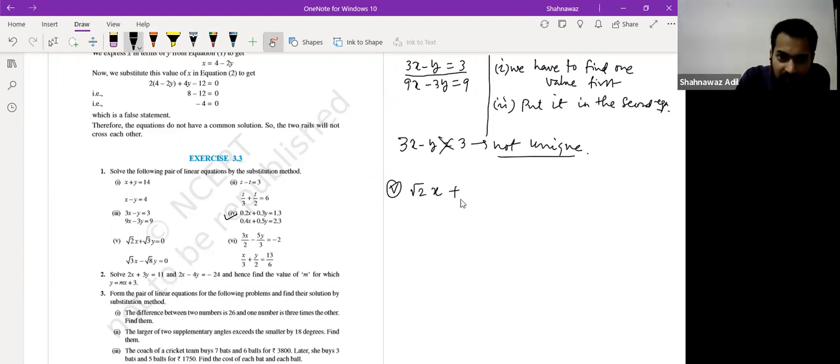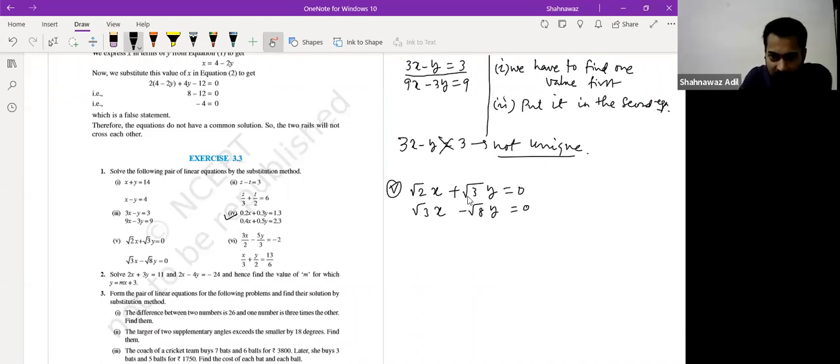root 2x. So the first thing is that we have to check whether this is solvable or not, right? Don't go directly into solving the questions. So root 2x plus root 3y equals 0, right? And root 3x minus root 8y equals 0, right?